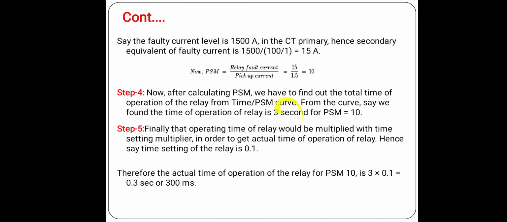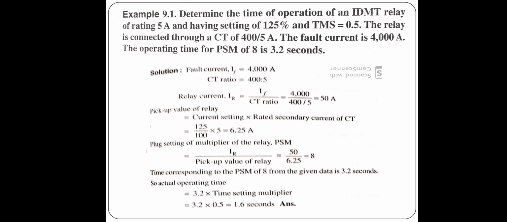This is multiplied by the time setting of the relay, which I assume is 0.1, so 3 into 0.1 gives 0.3 second or 300 millisecond. That means at PSM 10, when the fault current is 1500 ampere, the relay will take 0.3 second or 300 millisecond to operate.